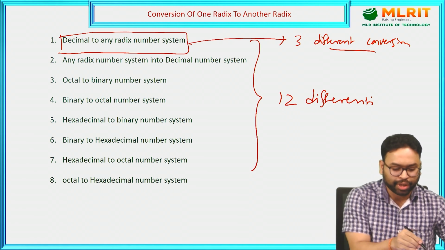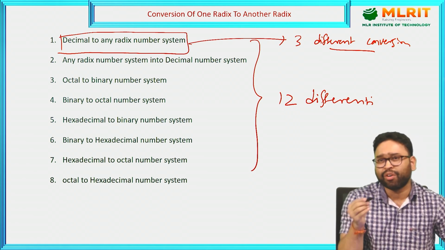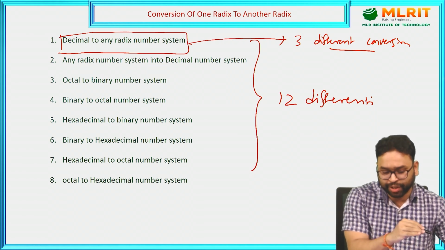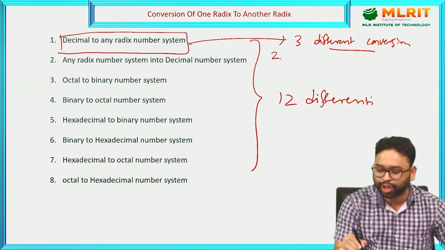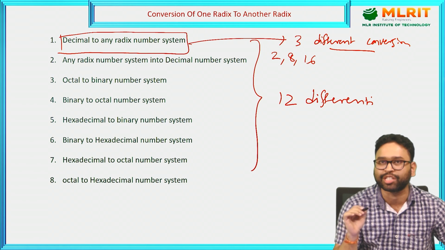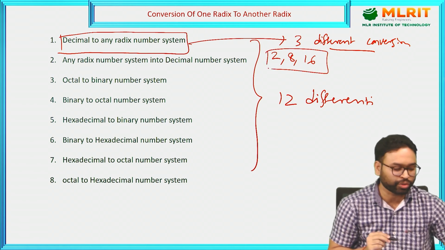Any radix means the 4 different number systems we spoke of right now. Out of that, we take decimal and convert it to the other radixes, which are binary, octal and hexadecimal, right? These are the types of conversion we are going to look into.